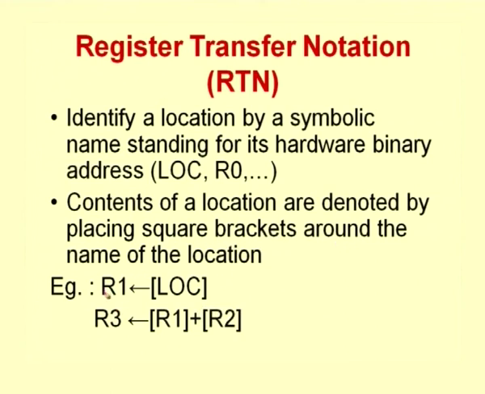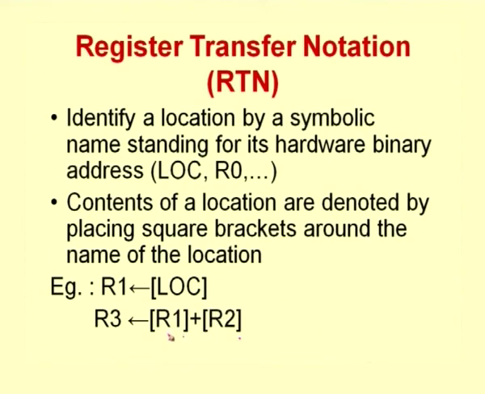If I have, for example, something like R1 and an arrow, which says that some data transfer is taking place from the right hand side to the left hand side, and then I specify LOC over here, this means the contents of the memory location specified by LOC are transferred to the register R1. Here again I may have something like this: the contents of R1 and the contents of R2, indicated by these two square brackets.